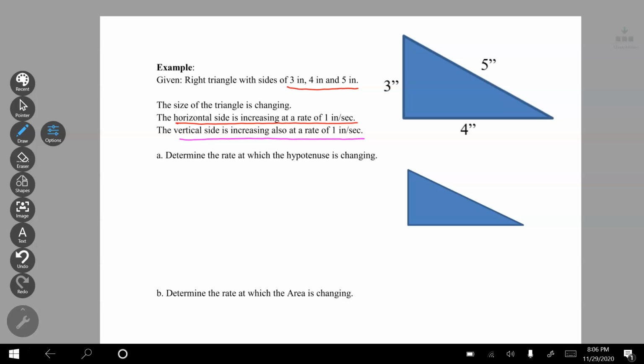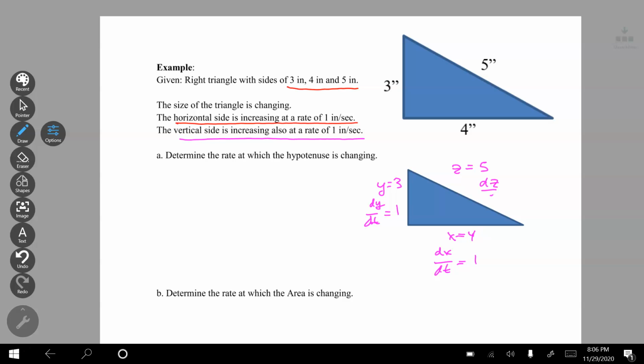So what do I know right now? I know side y is equal to 3, and its derivative, dy over dt, is equal to 1. X is equal to 4. Its dx over dt is equal to 1. And side z is equal to 5.